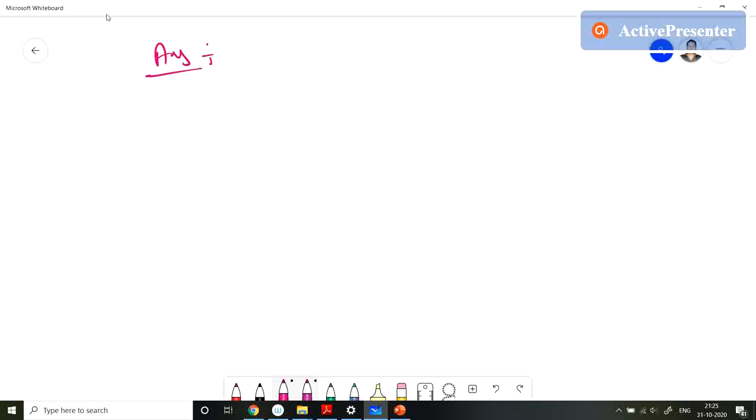It is easy to see that y2(n) is equal to x(n) minus 2y1(n) minus y1(n minus 1).